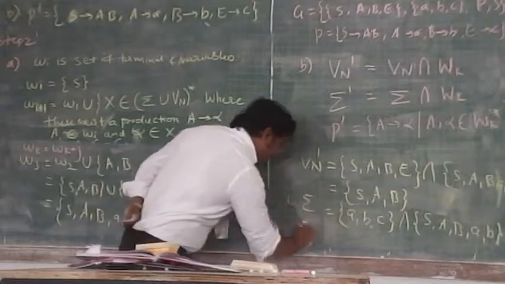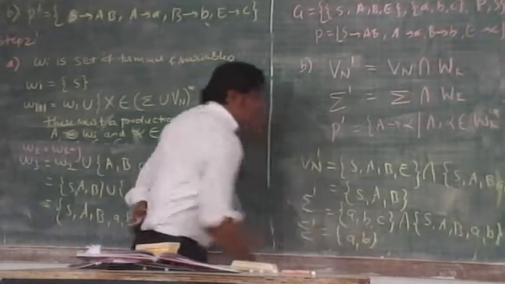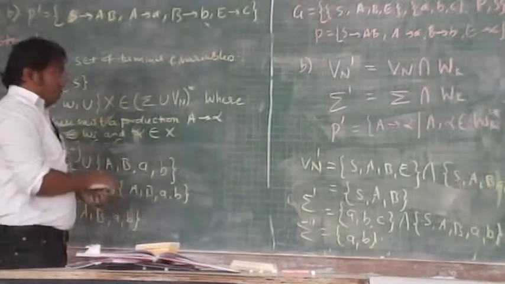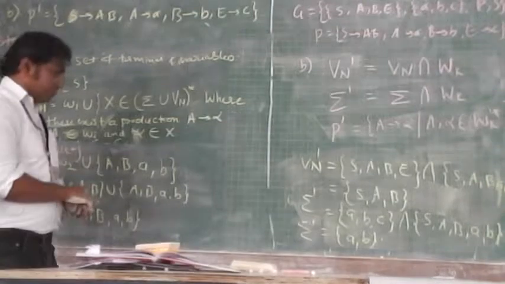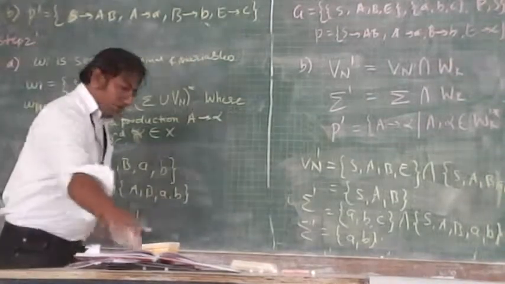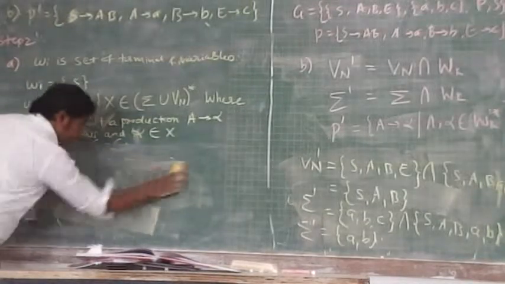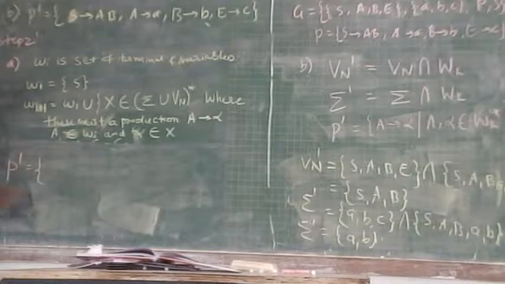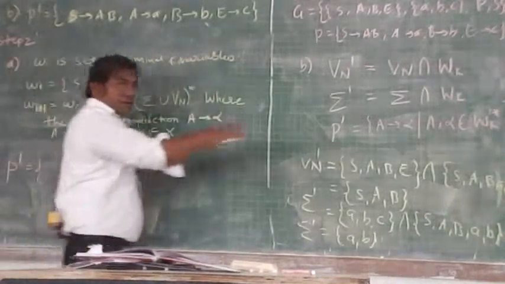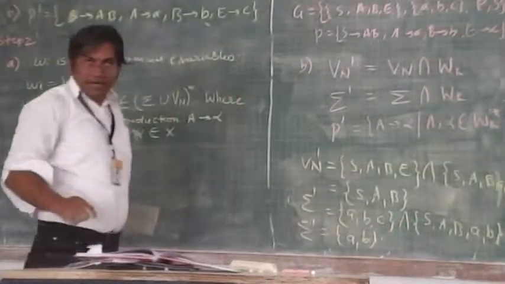Then what is that? Sigma is small a, small b, and P dash. P dash such productions, the production A implies alpha, where A and alpha belong to Wk star.